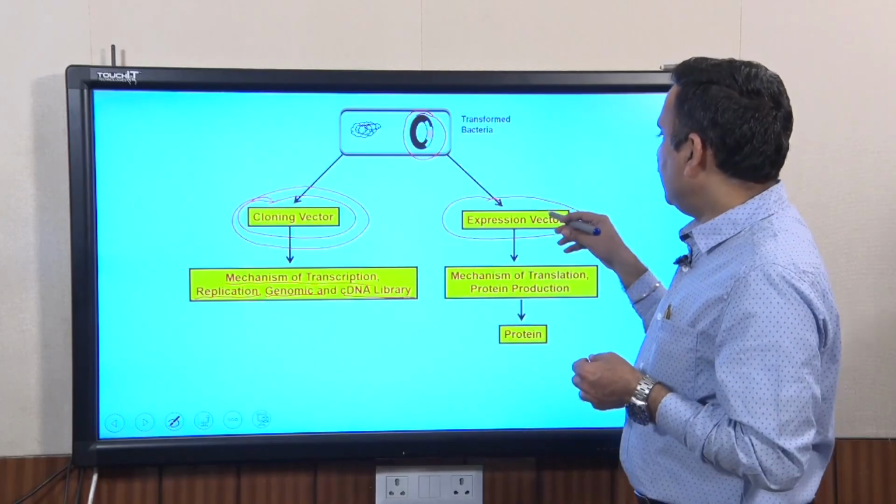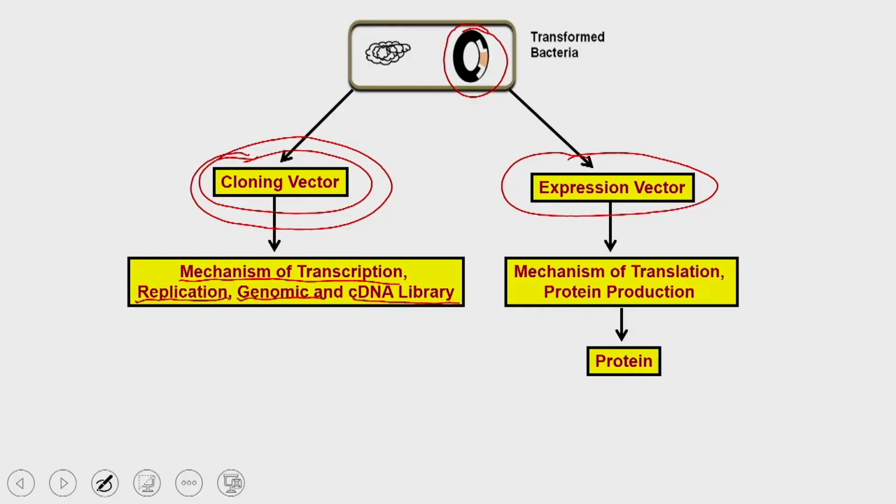Now, coming back to generating a transformed host containing the expression vector. In the case of an expression vector, you can use this transformed host for addressing the mechanism of translation, or you can use it for protein production.